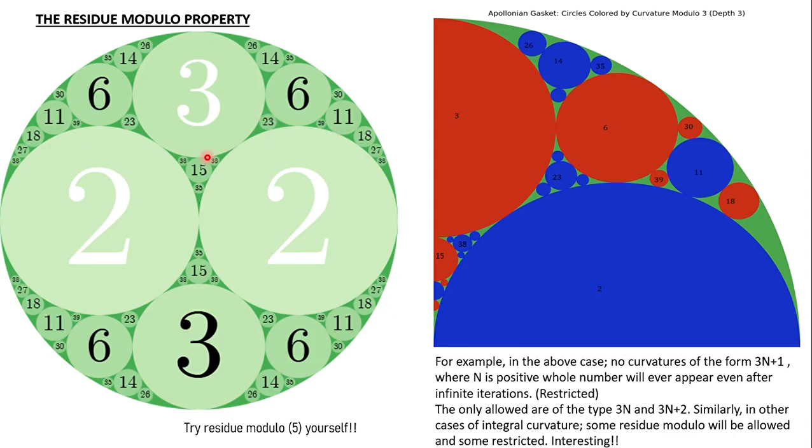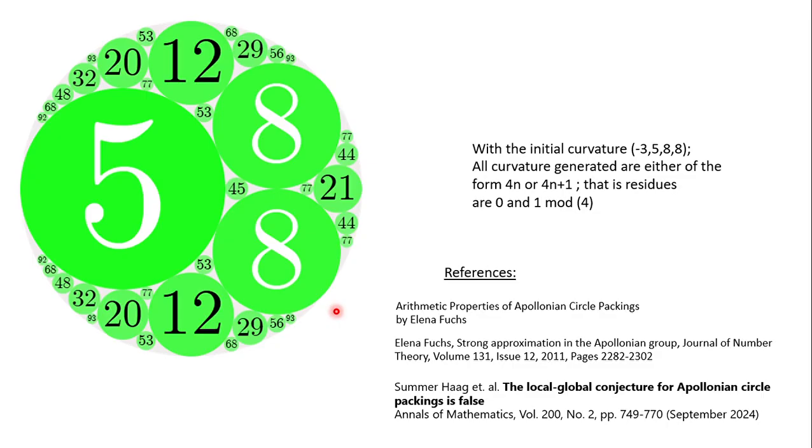Dividing anything by 5, this one has remainder 1, 23 has remainder 3, 27 has remainder 2, and 14 has remainder 4. So 0, 1, 2, 3, 4.